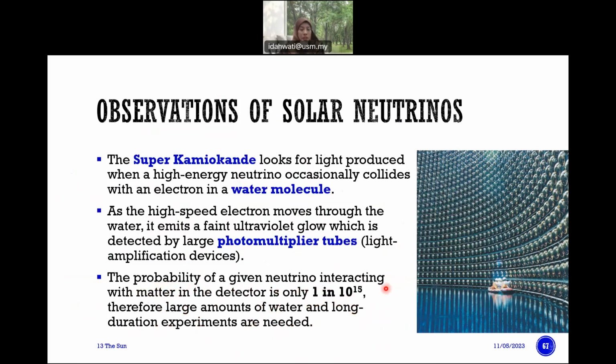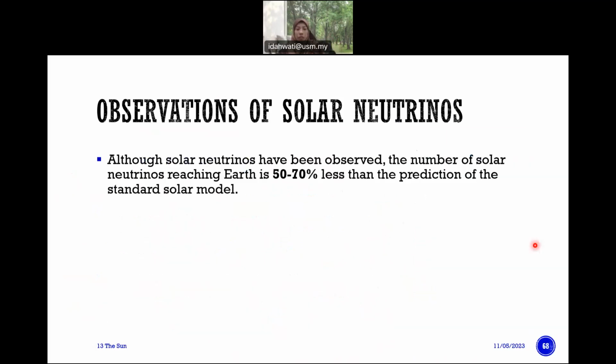We can say that because the ratio is very small to be detected, that is why so many tubes are prepared here, to be ready to observe maybe 1 in 1,000 billion neutrinos that can be absorbed by these photomultiplier tubes.